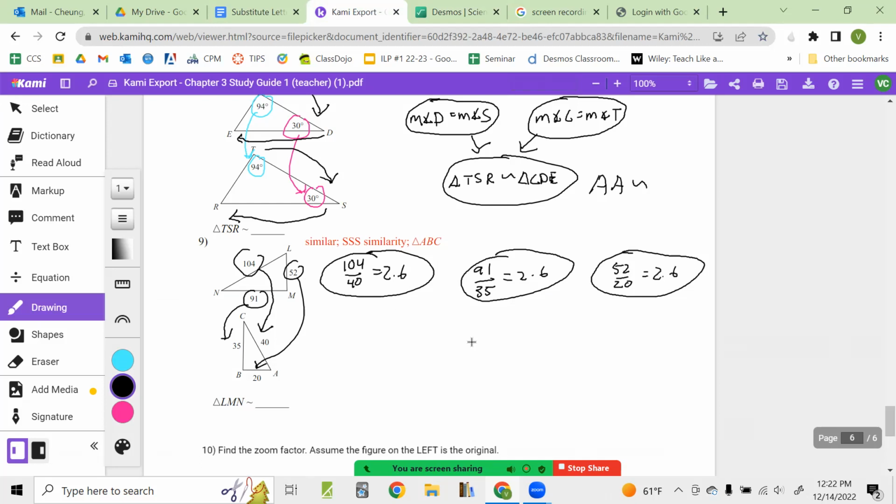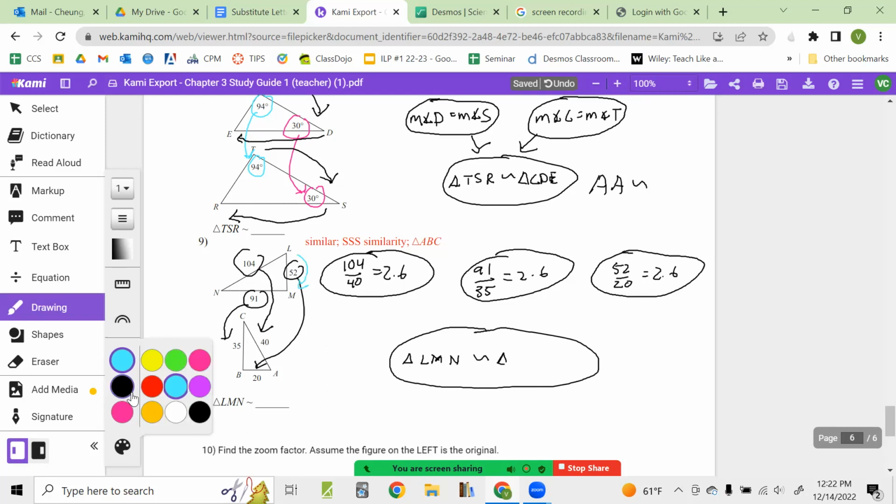So do we have a common ratio? You should say yes, because they're all 2.6. All the ratios are the same. And we're going to put triangle LMN, similar to triangle. So L to M, and then M to N. So that's the smallest one, then the middle one, right?